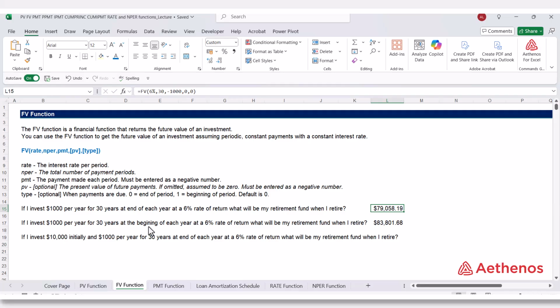For beginning of the year, since we are paying cash early, we get more time to earn interest. So we get 83,000, which is higher than the 79,000.